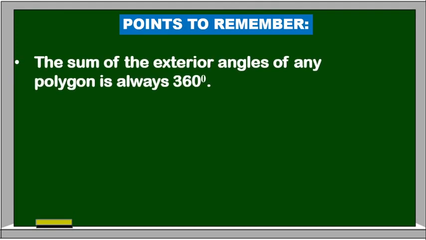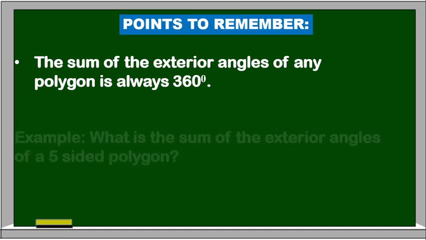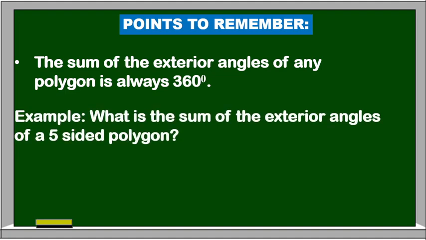The sum of the exterior angles of any polygon is always 360 degrees. We have the keyword "always." For example, what is the sum of the exterior angles of a five-sided polygon?